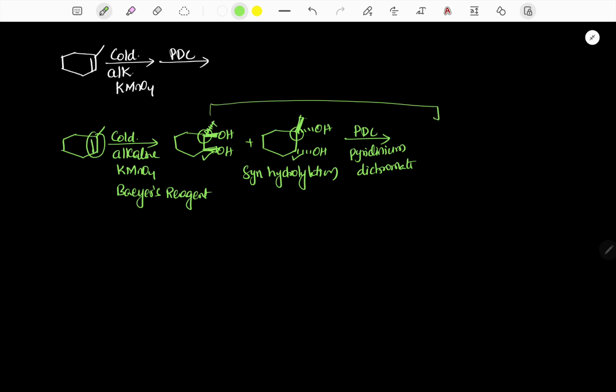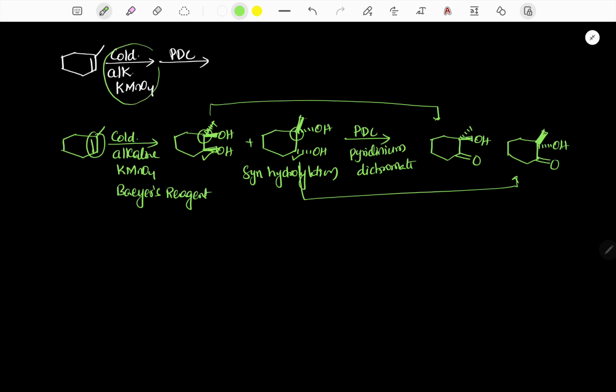So because of oxidation, we get the corresponding product like this, secondary alcohol oxidation. Now this product will be oxidized to the corresponding ketone. So this is our final product. So the first one is syn hydroxylation, oxidation, and the second one is also oxidation.